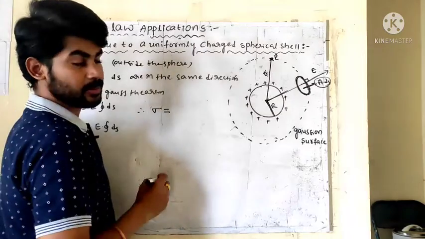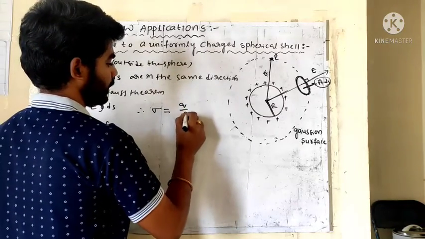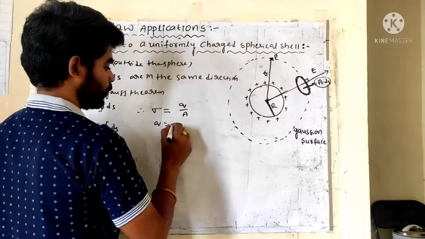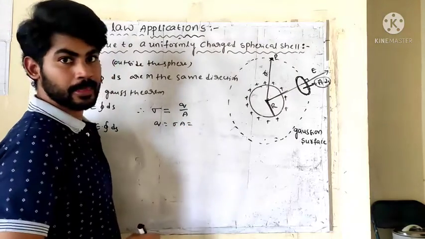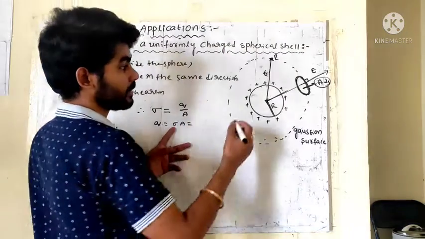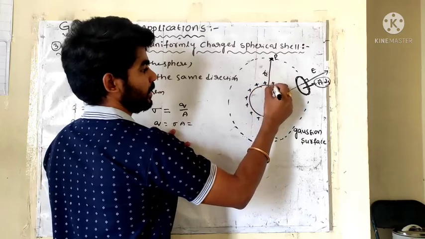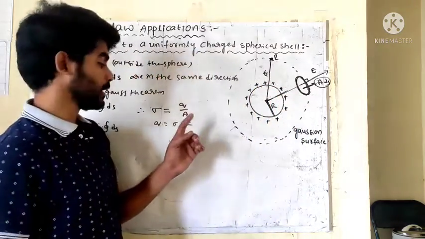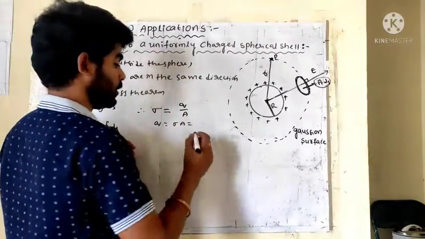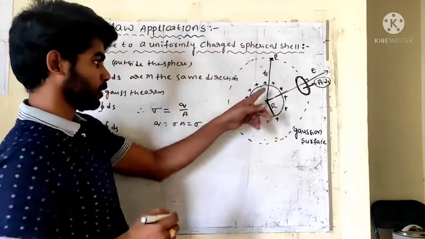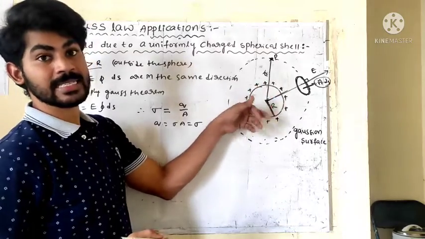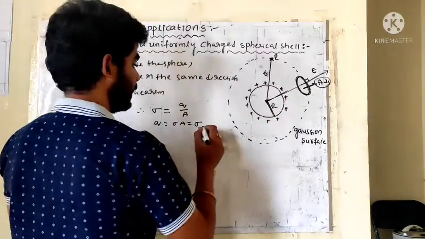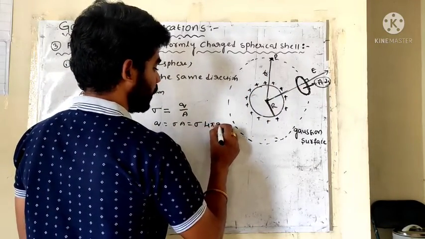Surface charge density sigma is equal to q by A, so we can write q is equal to sigma A. Charge lies on the surface only, not inside, that's why I am taking surface charge density. The spherical shell surface area is 4 pi R square.